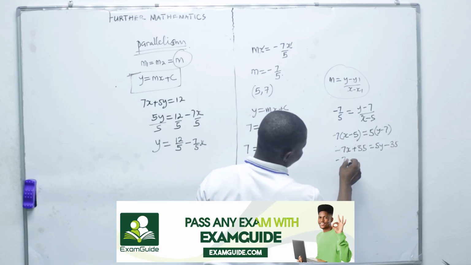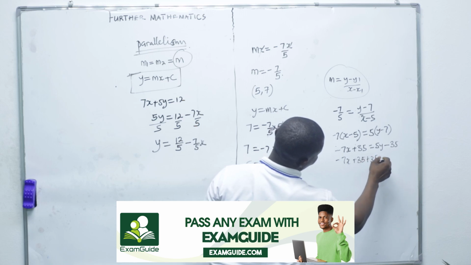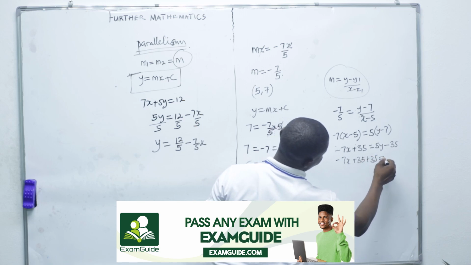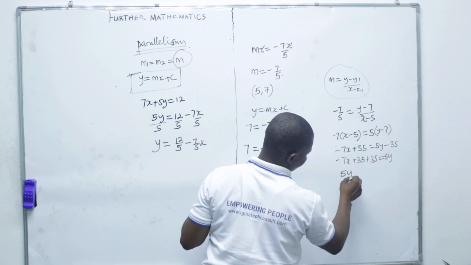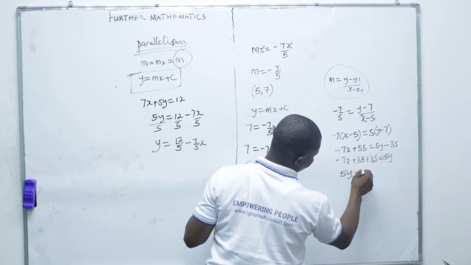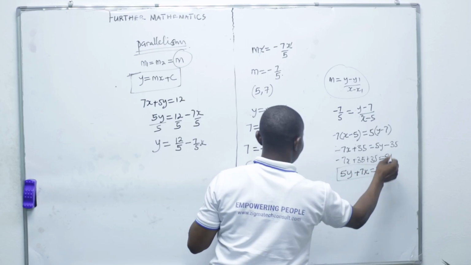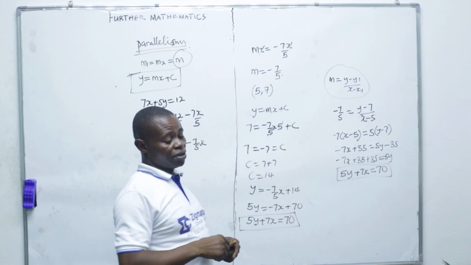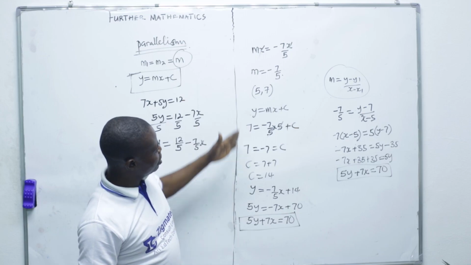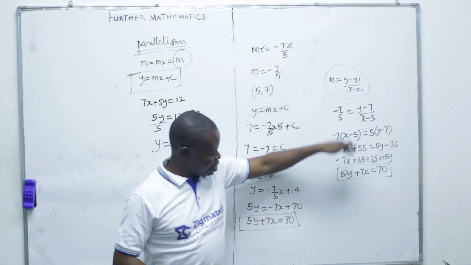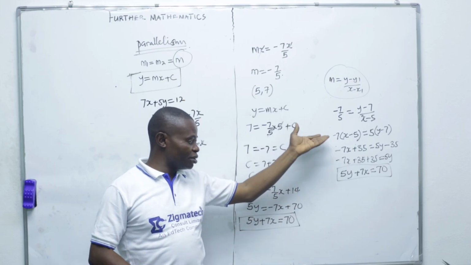Then minus 7x plus 35 plus 35 equals 5y. Then 5y plus 7x equals 70. Ladies and gentlemen, at this juncture, I think you can now see that they are the same. Therefore, make your choice.